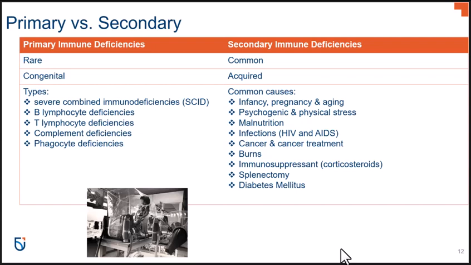And of course, the degree of secondary immune deficiency is going to be quite variable among these and among some of the details, depending on the extent of psychogenic and physical stress or malnutrition, just for example. We can say then that these here are factors that can cause secondary immune deficiencies, whereas these are the different types of primary immune deficiencies.